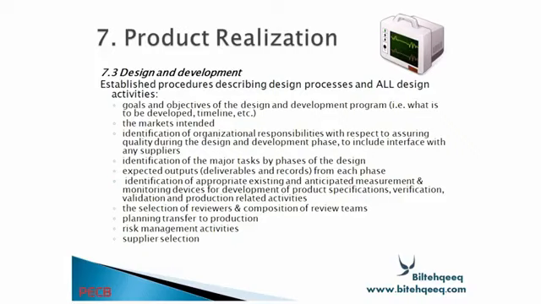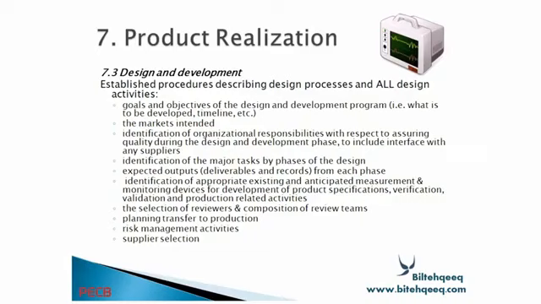And 7.3 is related to design and development, which states established procedures describe design process and all design activities, goals and objectives of the design and development program, what is to be developed, and timeline. The market's intended use, identification of organization responsibility with respect to ensuring quality during the design and development phase to include interface with any suppliers.